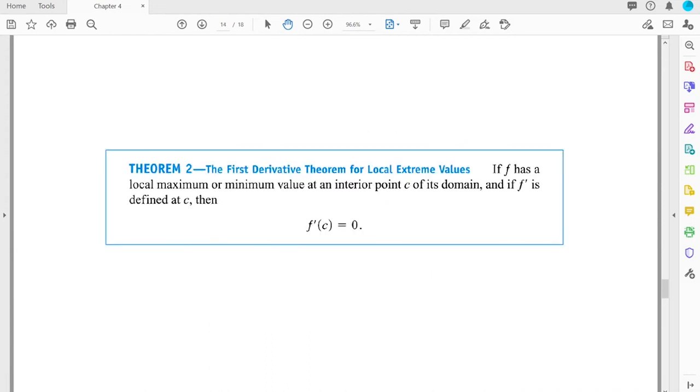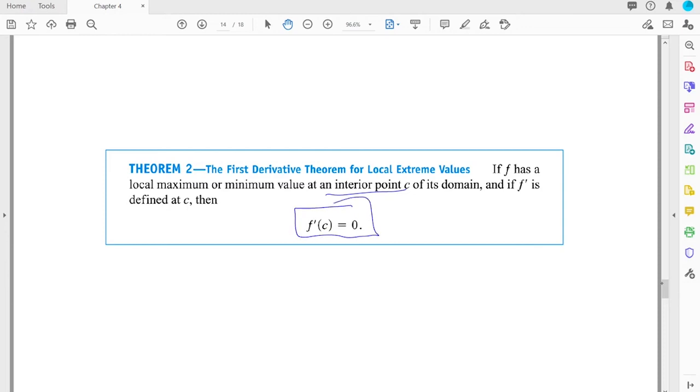So there is one test called the first derivative test for finding the local maximum or local minimum value. The first derivative theorem for local extreme values: if f has a local maximum or minimum value at an interior point c of its domain, and if f prime is defined at c, then the derivative of the function at that point would be 0.